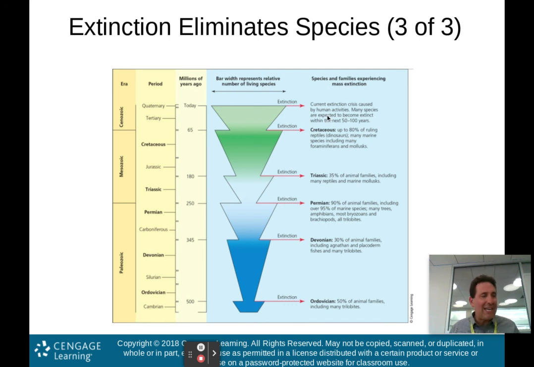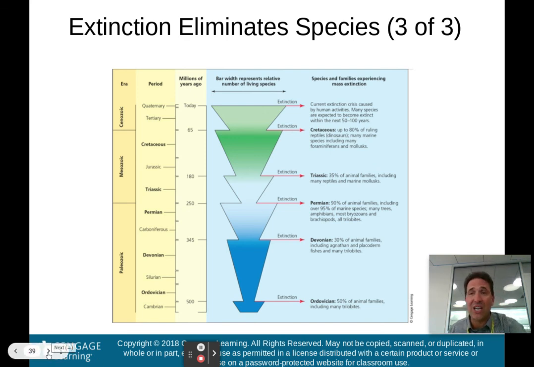And it looks like we are currently in what is known as the 6th mass extinction. And the reason why is that currently we are seeing species become extinct at a much, much higher rate than that background extinction number that I showed you. So it looks like the current extinction crisis is caused by human activities. Many species are expected to become extinct within the next 50 to 100 years.